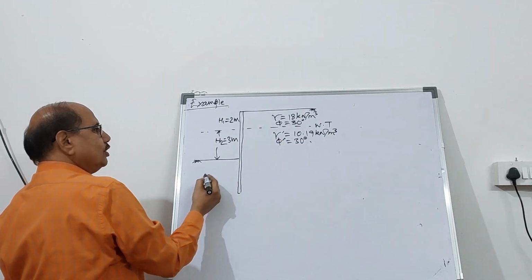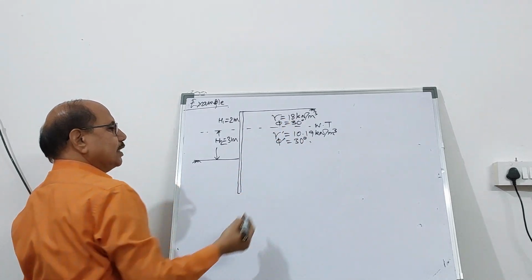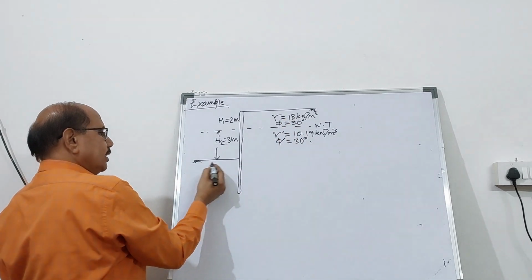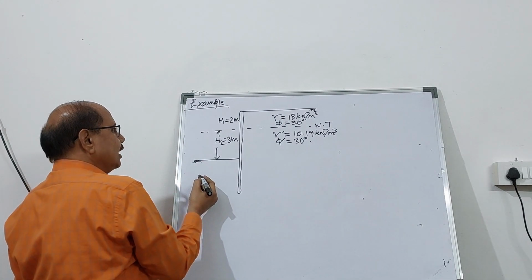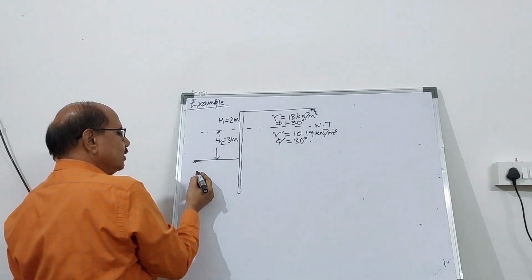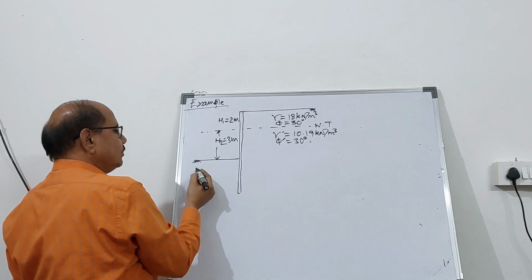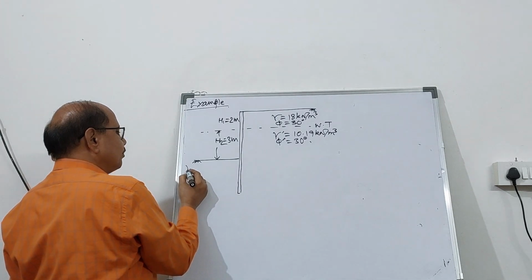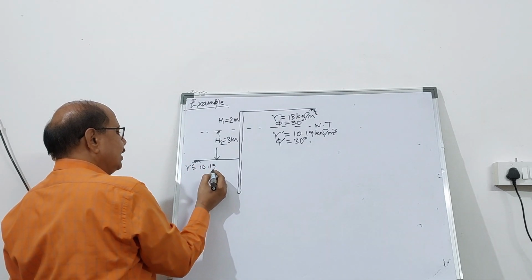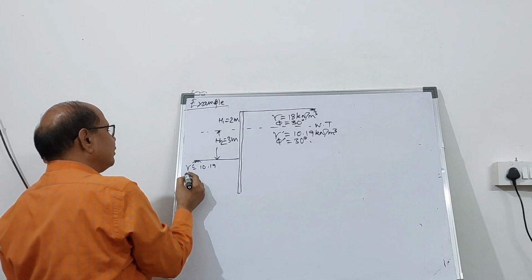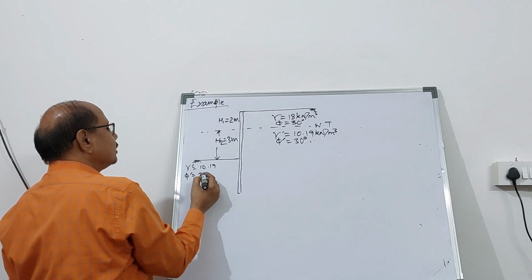Here also it's a granular backfill, and below the depth of embedment, you had gamma prime equal to 10.19 kilonewton per cubic meter, and phi prime equal to 30 degree.